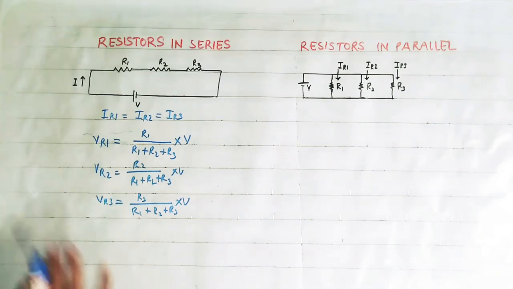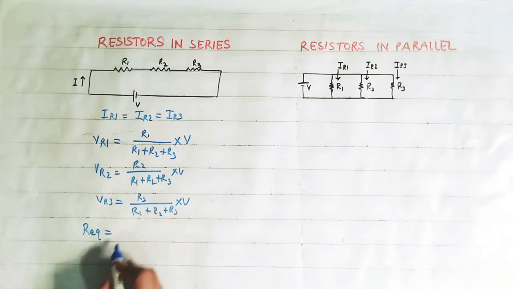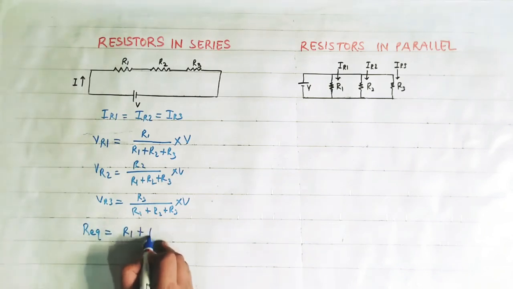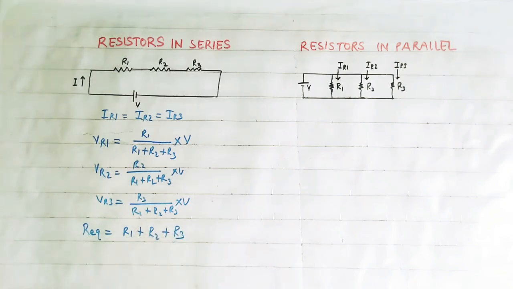Now what is the equivalent resistance in series? Equivalent resistance Req is equal to R1 plus R2 plus R3. So simply, in series, resistances add up.